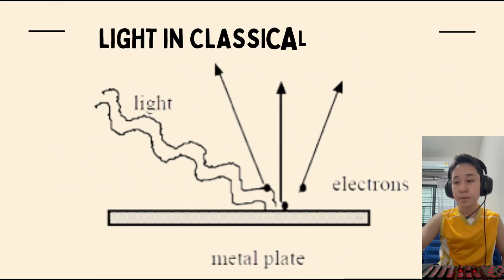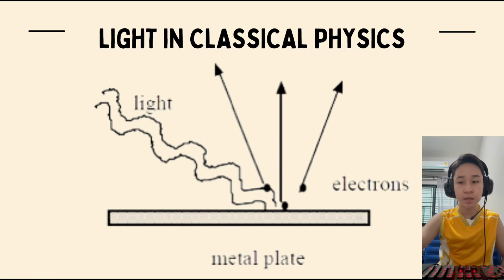And lastly, any frequency of light should eject electrons if the intensity is high enough. To put it simply, classical physics predicted no threshold frequency. Electrons should be ejected as long as the light is bright enough. But this isn't what experiments showed. Let's move on to the observations.